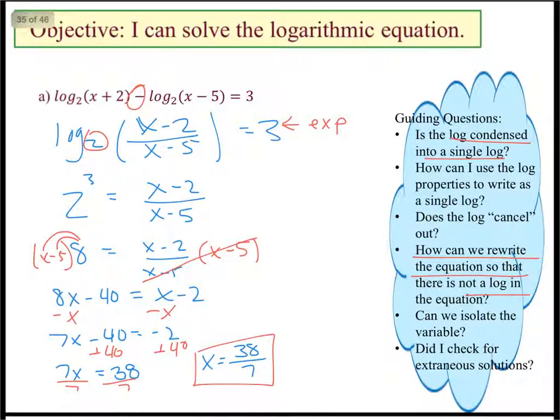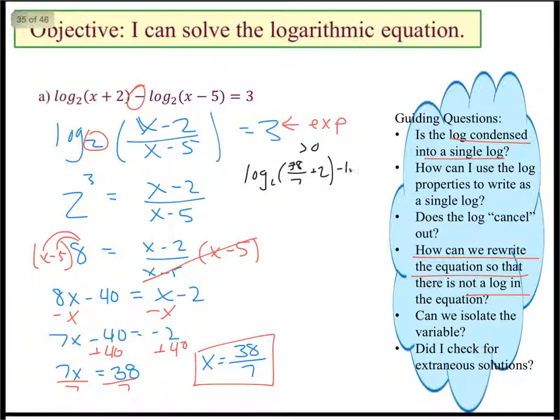But there's a couple of things that I want to check, and that's if there's going to be any kind of errors. So we would want to plug this number back in and make sure that it would make our arguments for the log positive. So just checking that, log base 2 of 38 over 7 plus 2, that is greater than 0, so that's okay.